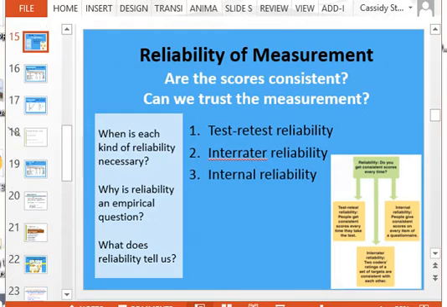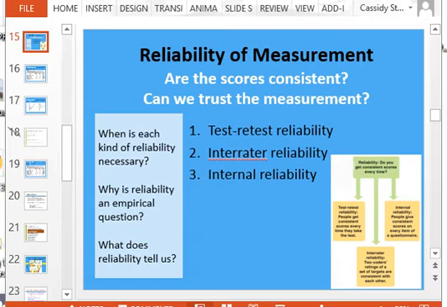So reliability is important because when we produce a measurement, say measuring attention or personality or stress, we want to be confident that the measurement is accurate. It should produce consistent results. If the tests or the observations that we get are wildly different, then we can't be confident that the measurement is precise.